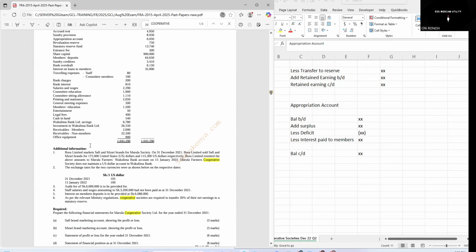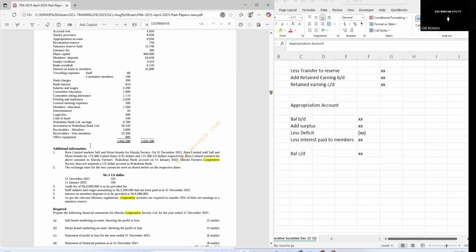Number one, we have been told Bora Limited marketed Safi and Missouri brand for Marula Farmers Society on 1st December 2021. Bora Limited sold Safi and Missouri brand for $175 and $115,300 respectively. Bora Limited remitted the above amount to the Marula Farmers Wakulima Bank account on 15th January 2022.